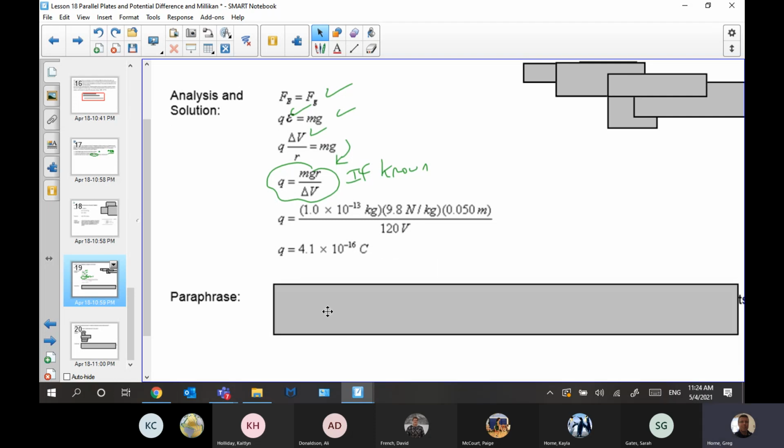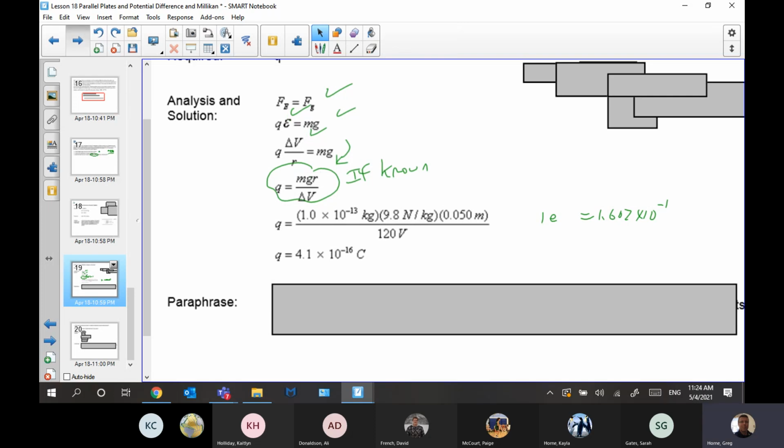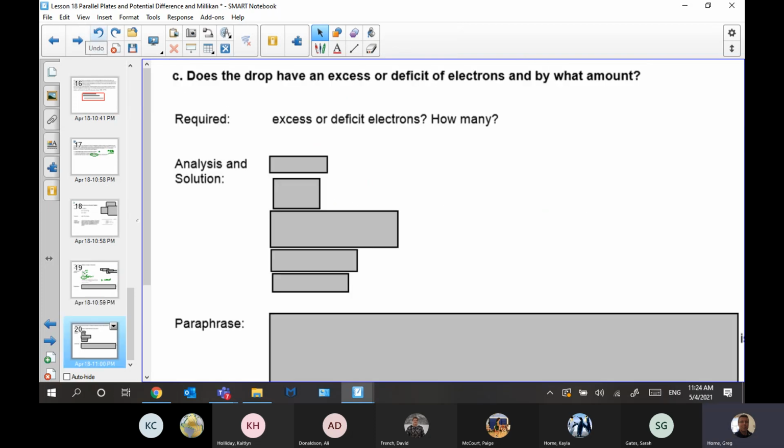So you look at that charge, and then you're like, okay, remember we looked at before, the charge on an electron is 1.602 times 10 to the negative 19.